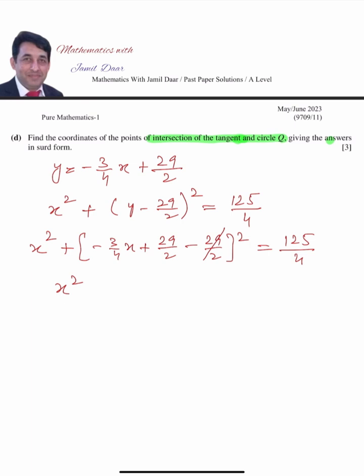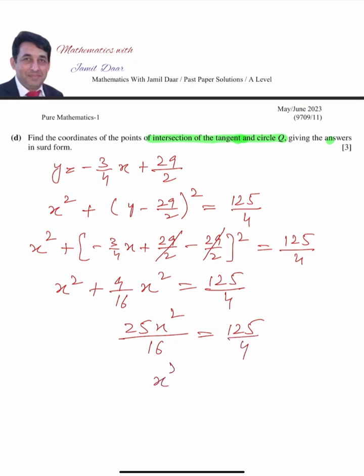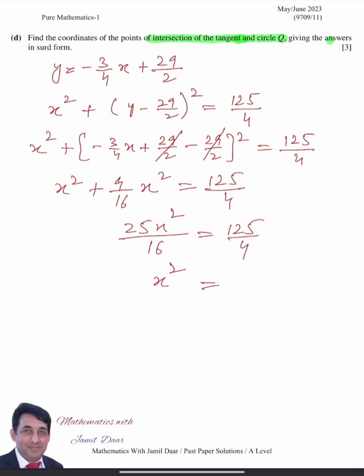So this is cancelled, plus 9 over 16 x square is equal to 125 over 4. 25 x square over 16 is equal to 125 over 4. x square is equal to 125 over 4 into 16 over 25. x square is equal to 20.